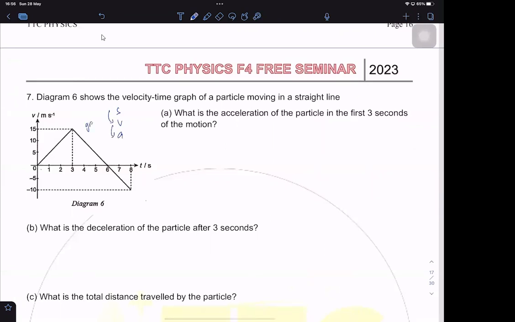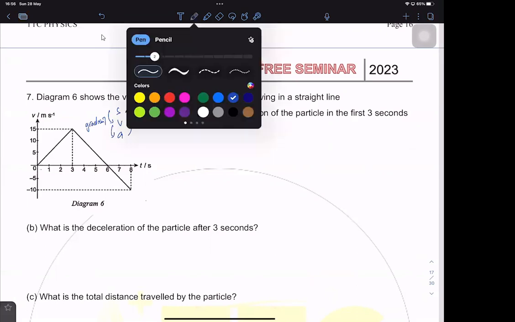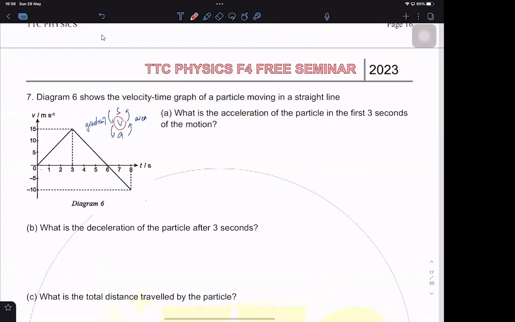Go down, gradient. So that means up must be area. Okay, what did they give you? They give you velocity time graph. What are they asking you to find? They are asking you to find acceleration in the first 3 seconds.